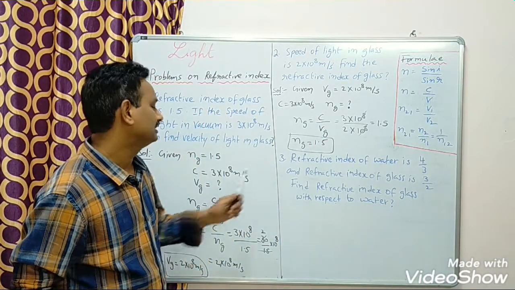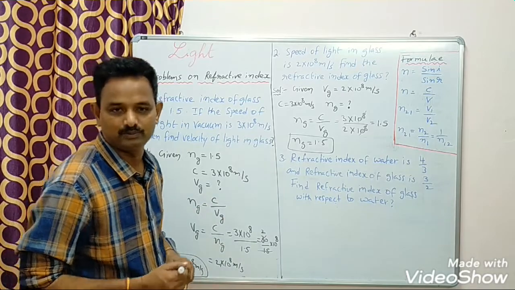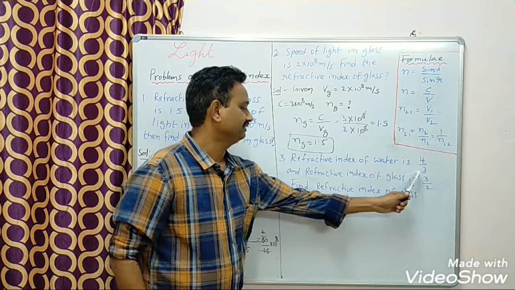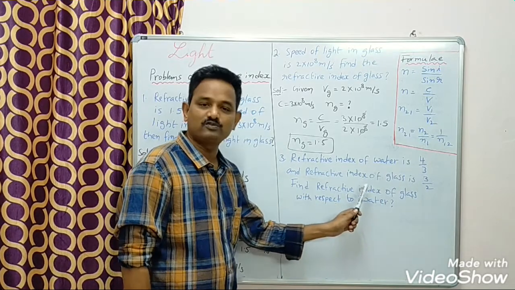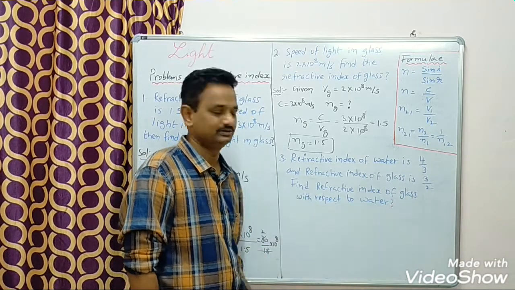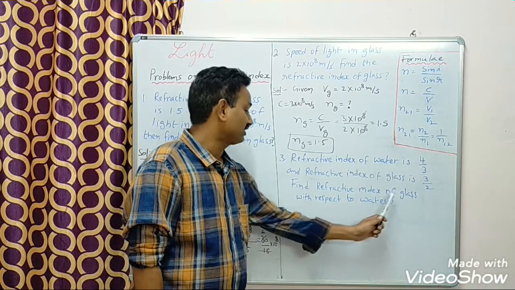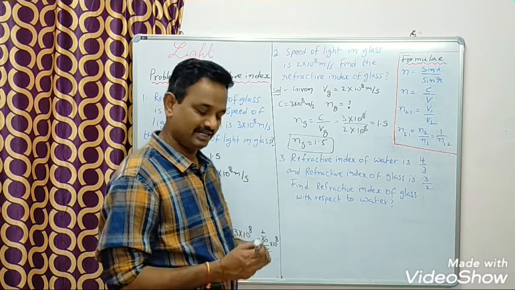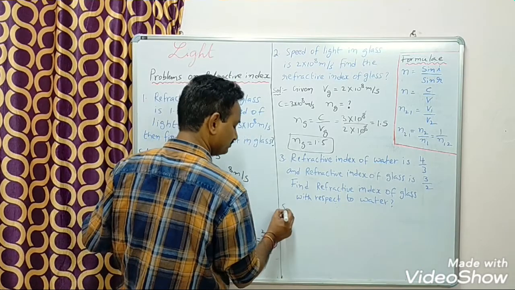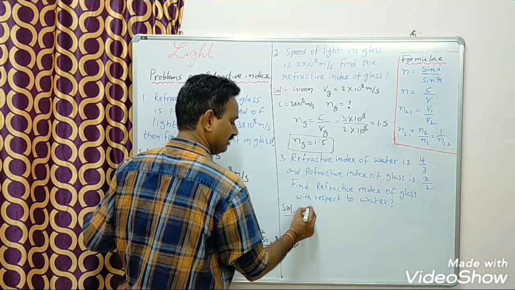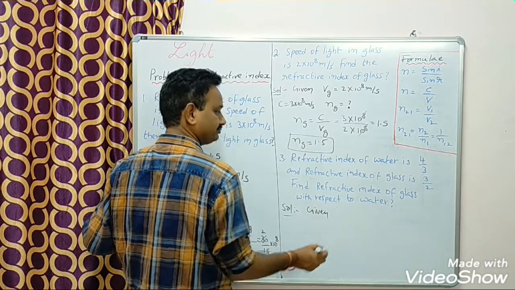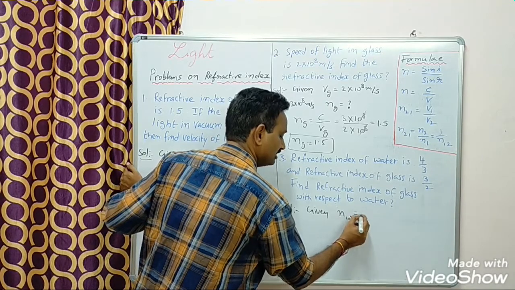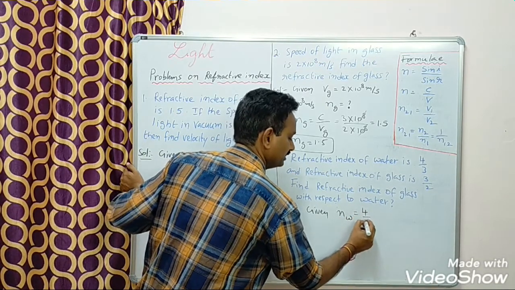Now we will do third problem. Third problem, look at here. Refractive index of water is 4 by 3 and refractive index of glass is 3 by 2. Find refractive index of glass with respect to water. Look at here, what they have given. Given: refractive index of water, n suffix w, 4 by 3.